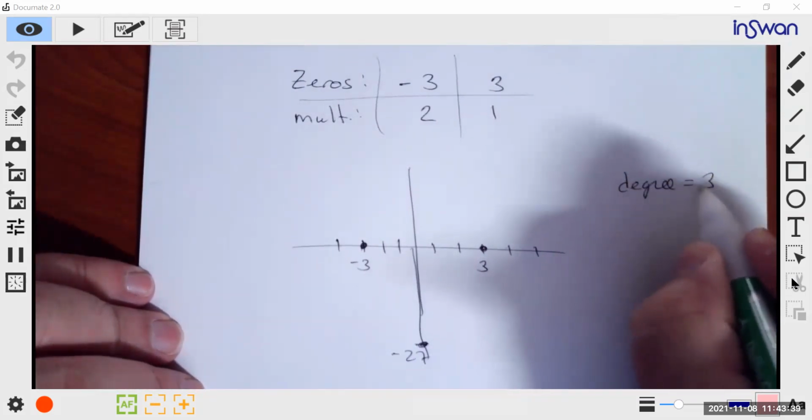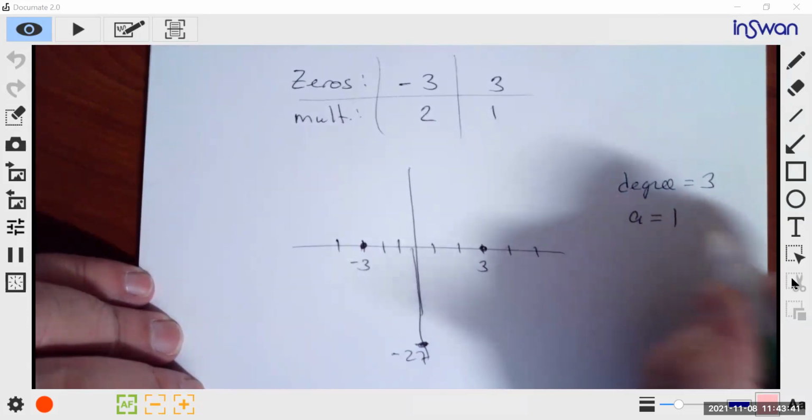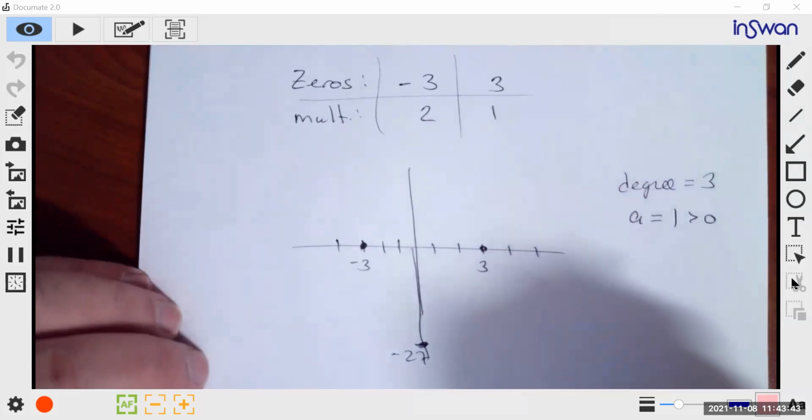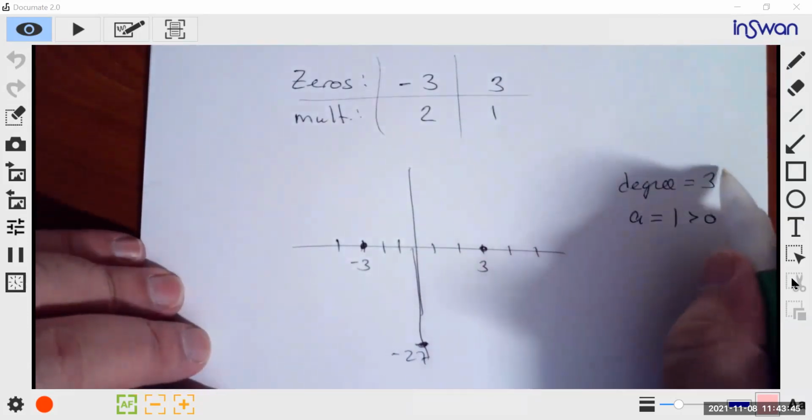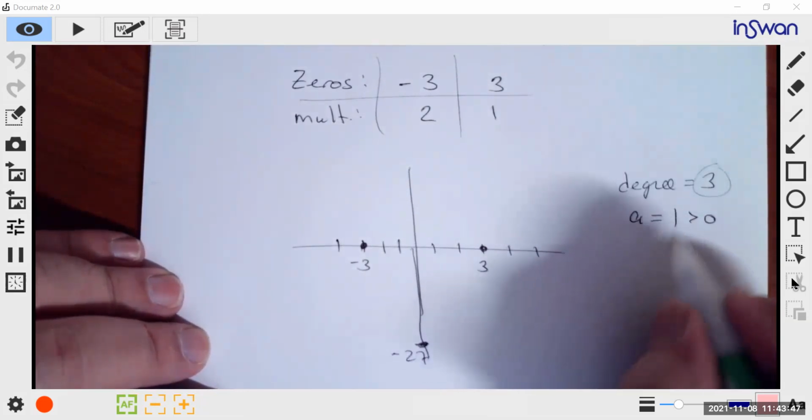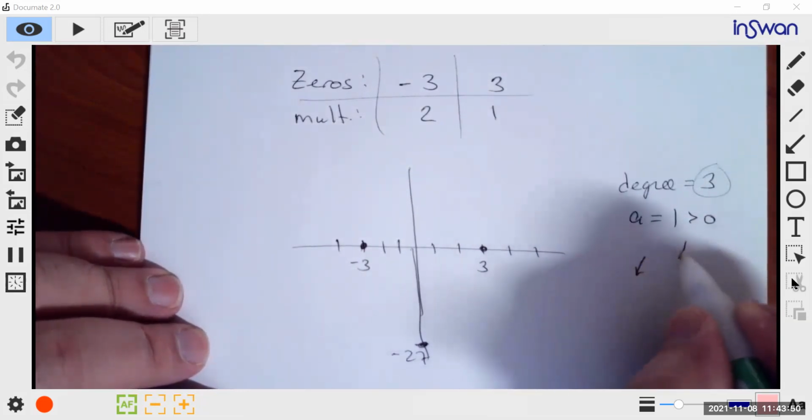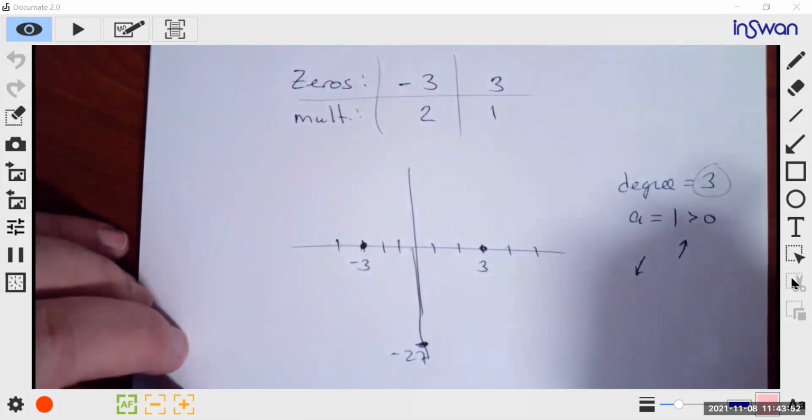We know the degree is 3. A is 1, which is positive. So that tells us, since the degree is 3 and A is positive, both ends point in different directions, and to the right it goes up.